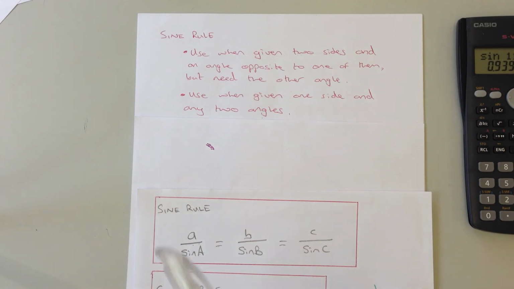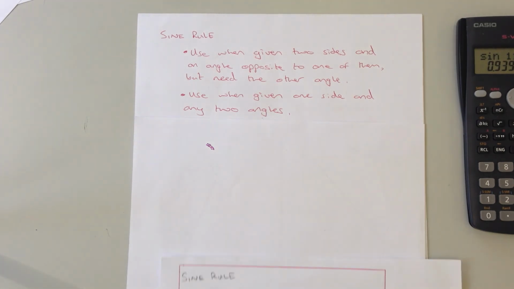Those pieces will either be any two sides and an angle opposite to one of them, then you're going to work out the other angle, which is opposite to the other side. Or if you're given one side and any two angles, so you'll be given a side and the angle opposite plus another one, you just need to work out the other side. Two examples of these questions are like so.